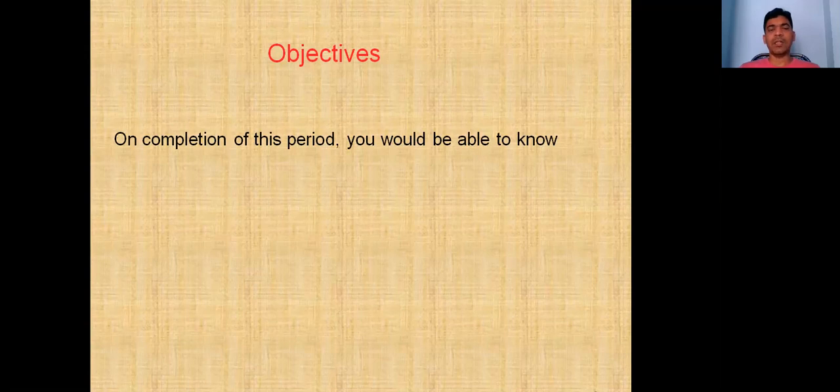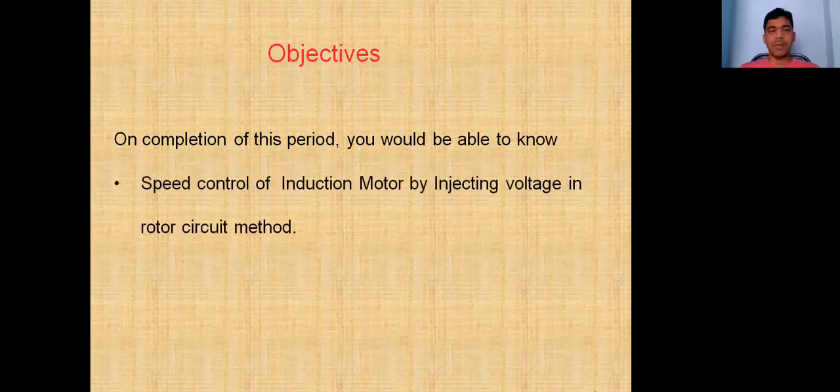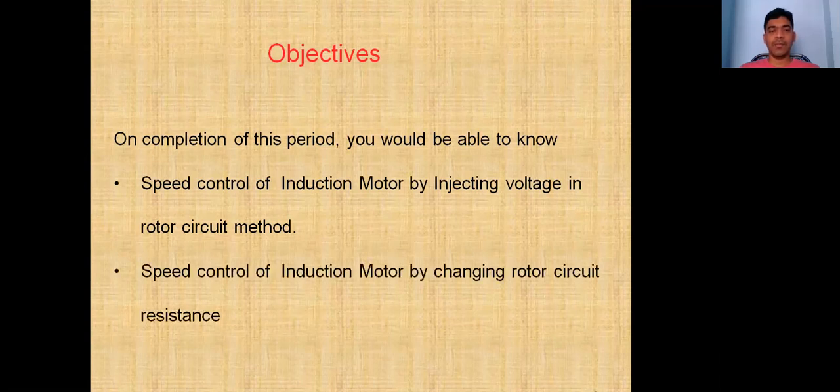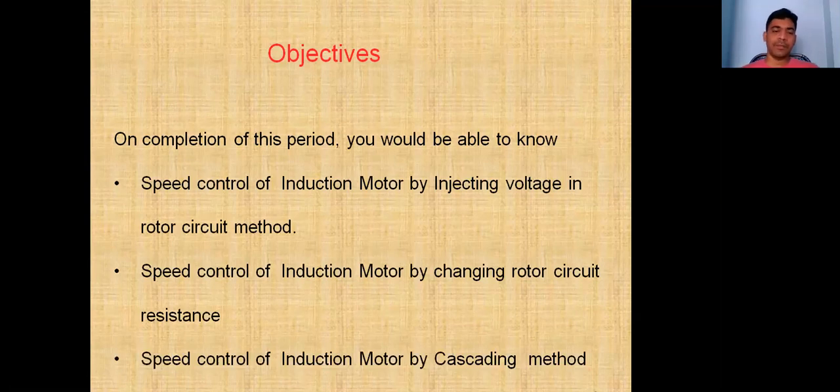Okay, so coming to today's objective: on completion of this period, you will be able to know speed control of induction motor by injecting voltage in rotor circuit method, speed control of induction motor by changing a rotor circuit resistance, speed control of induction motor by cascading methods.